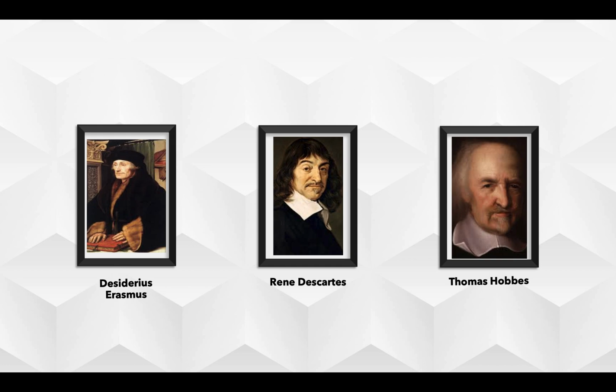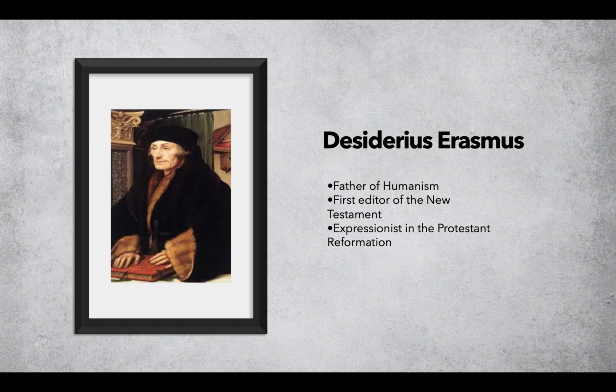Some of the most well-known artists from the European Renaissance would be Desiderius Erasmus, René Descartes, and Thomas Hobbes, pictured on this slide. Desiderius Erasmus is remembered as the leader of the humanist movement, being the first editor of the New Testament, and for being an expressionist in the Protestant Reformation.